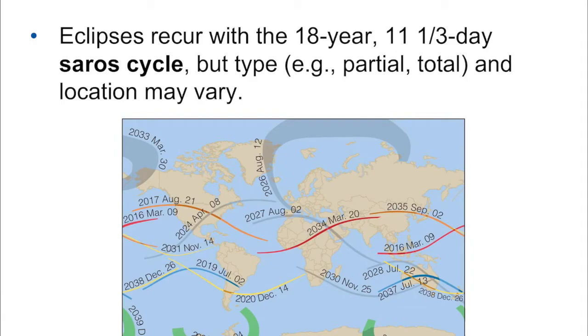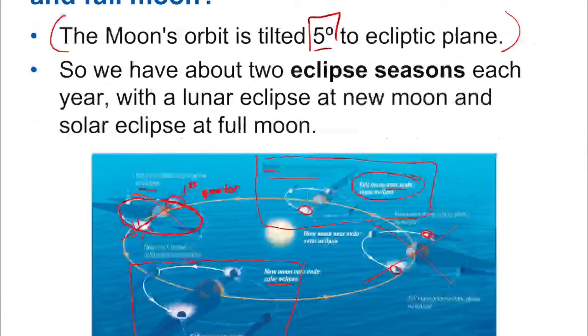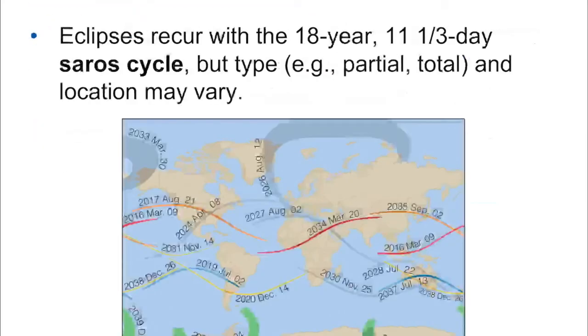That's one thing this whole diagram does not take into account: the elliptical rather than perfectly circular nature of the moon's orbit. And the path being in different places also has to do with the elliptical nature, because that's going to end up having the light cast on different locations on Earth's surface.